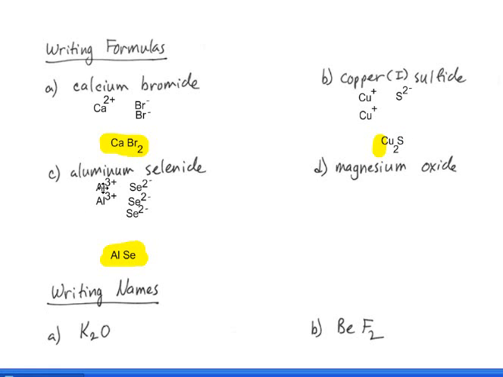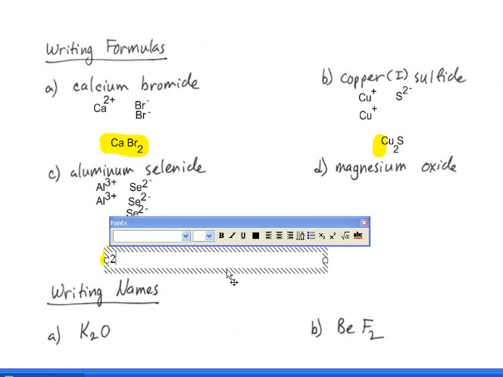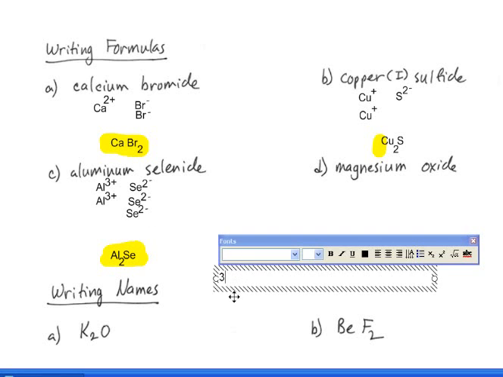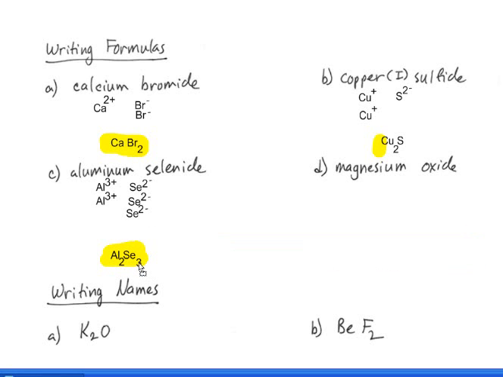We can see that we have 2 aluminums, and 3 selenides. So the final formula for aluminum selenide is Al2Se3, showing a summary of what happened over here.